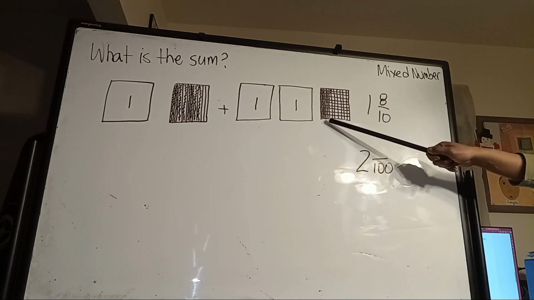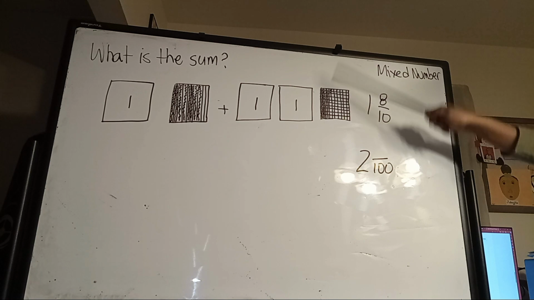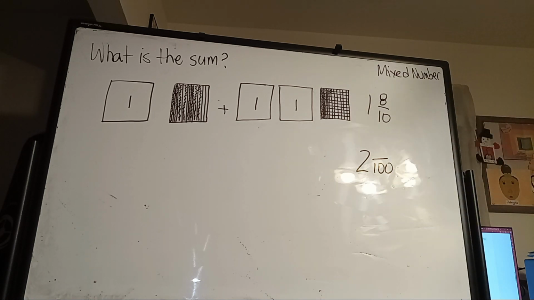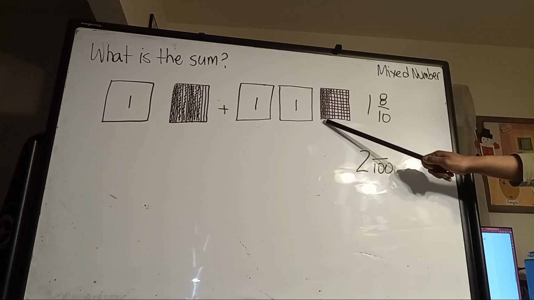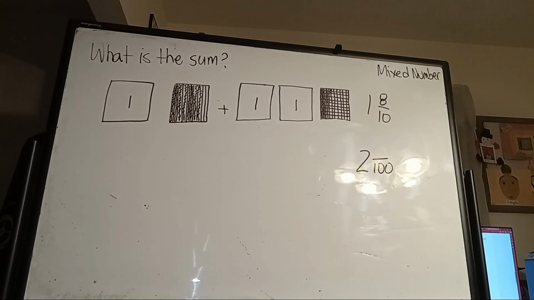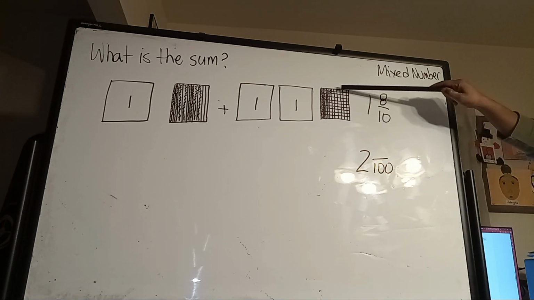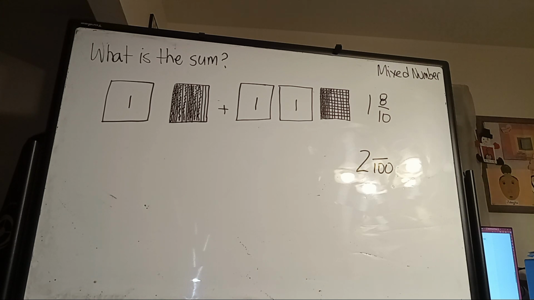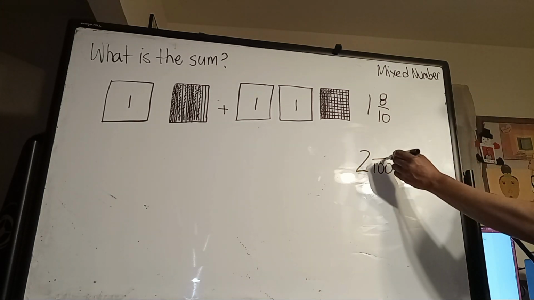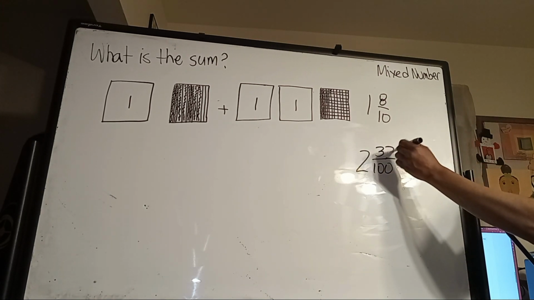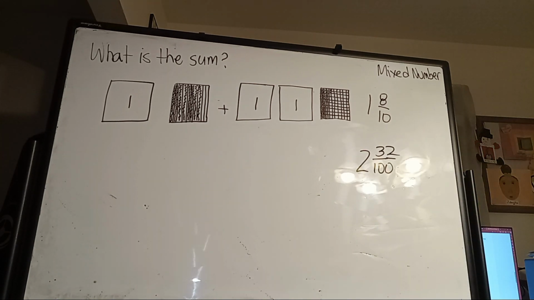So 3 rows filled up with every little one is still 3 tens. And if we count by 10s, we'll have 10, 20, and 30. Yes? So 30, but then we have 2 ones up there. So that's going to give us a total of 32. So that's going to make this fraction 32 over 100.